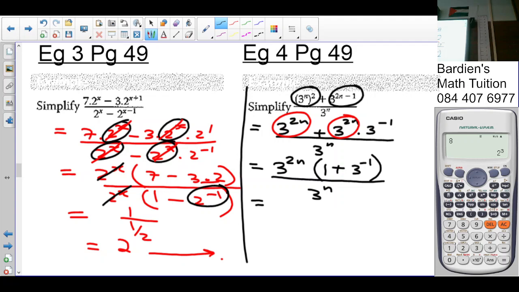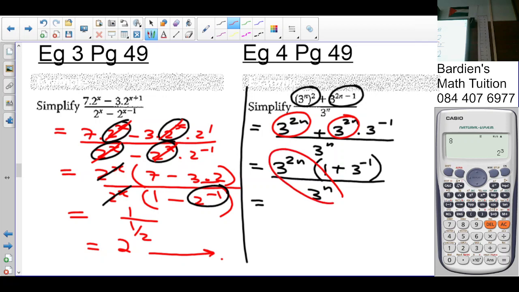Okay, to the next step. So when we're dividing, the bases are the same.